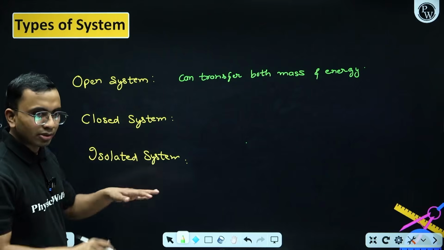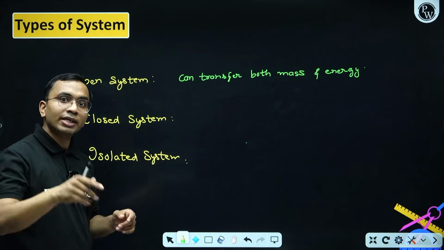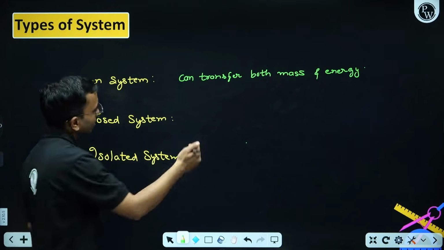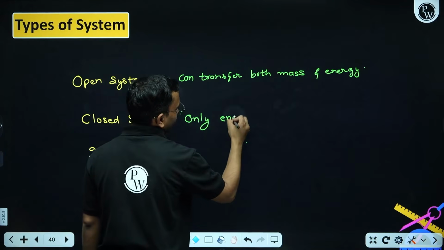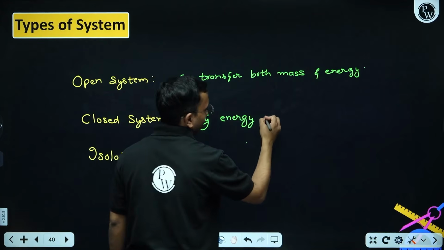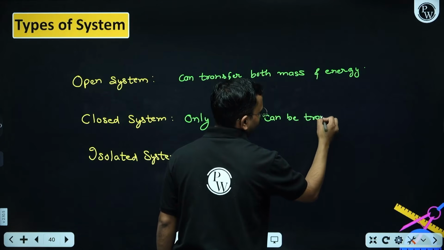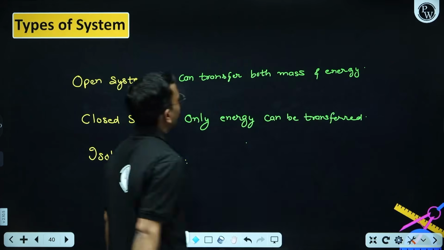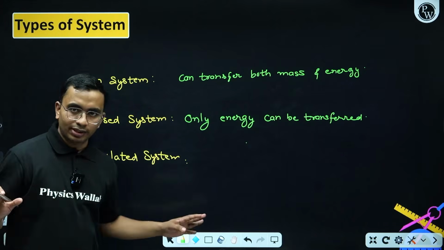Closed system means the container is closed, but you can transfer heat through the walls of the container. You can heat the container from outside, yes. So only energy can be transferred. Isolated system means you cannot transfer anything.